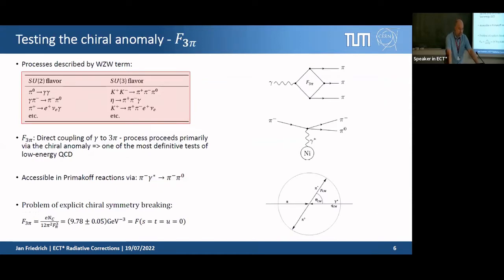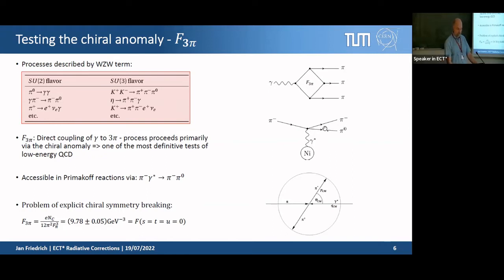Now, how to measure this photon to 3 pions coupling? As one of the most definite tests of this approach to low energy QCD, it is accessible via the reaction pion photon scattering into 2 pions.